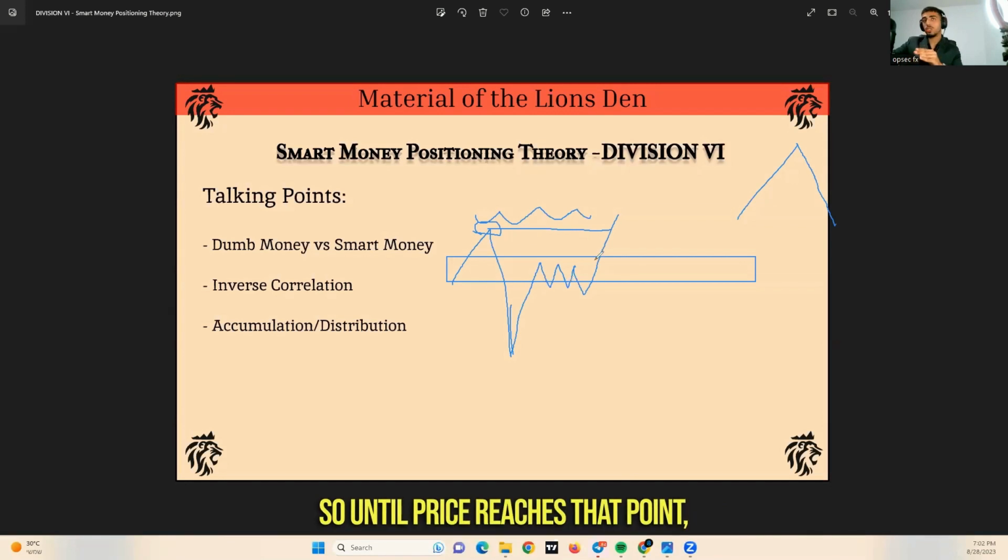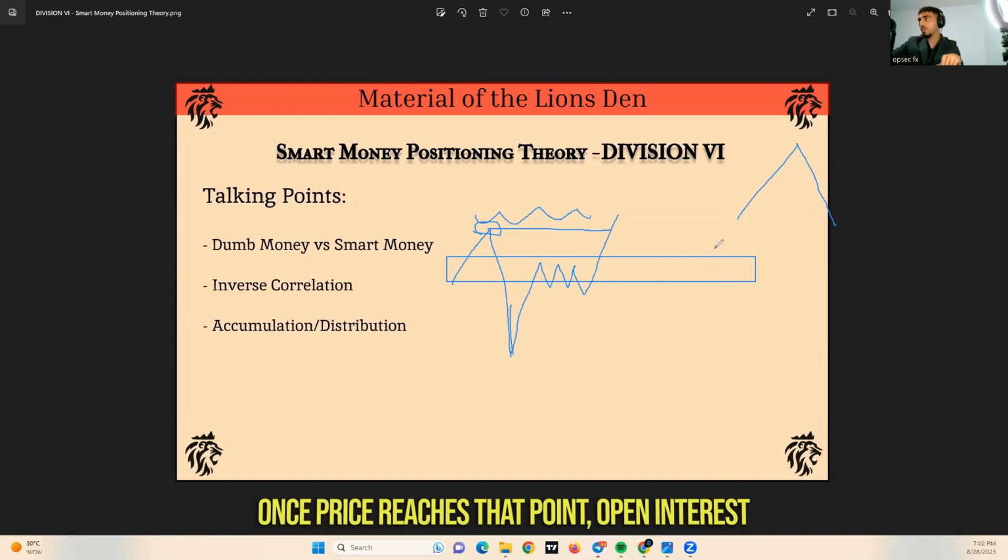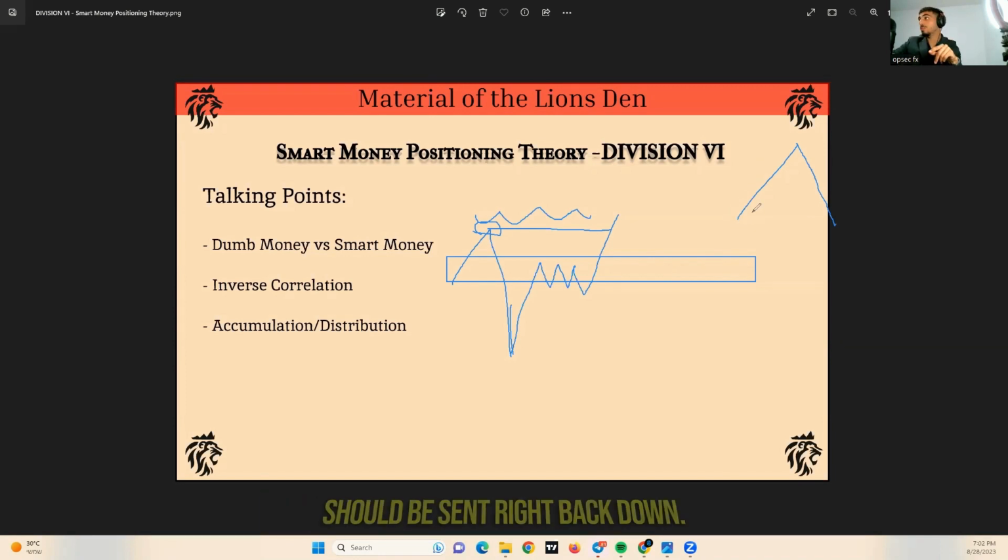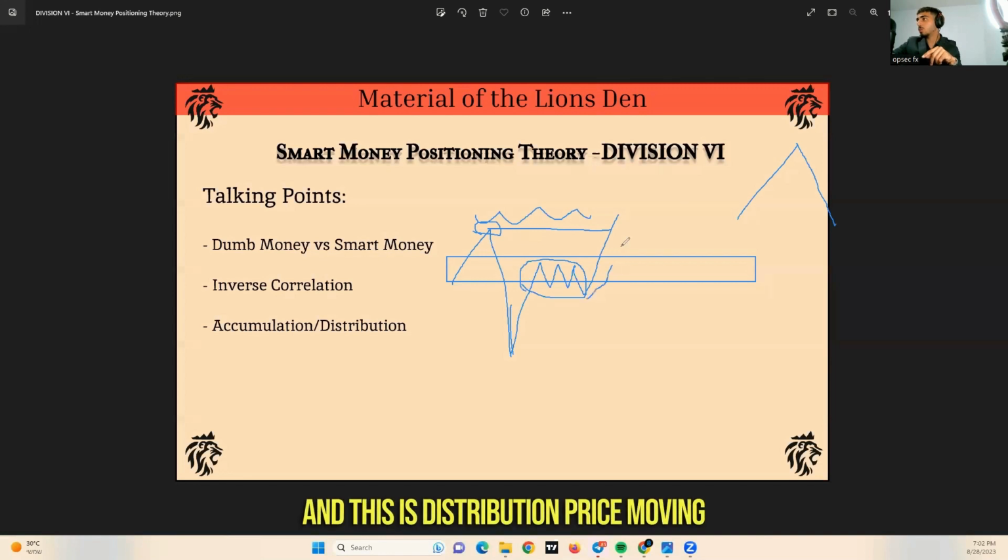So until price reaches that point, the open interest should be increasing. Once price reaches that point, open interest should be sent right back down. That is accumulation, price moving in a fashion which increases open interest. And this is distribution, price moving in a fashion which decreases it.